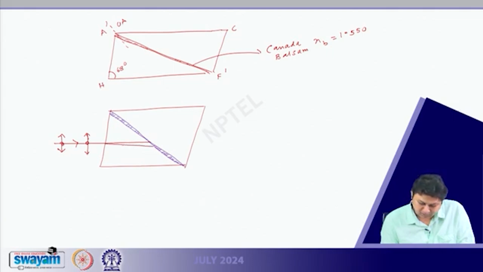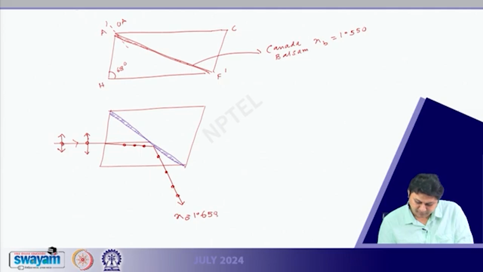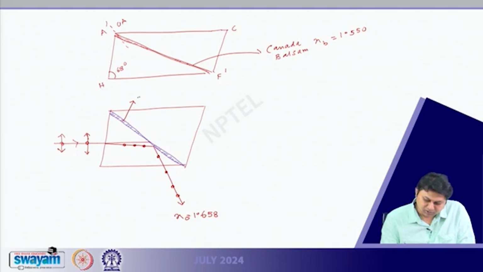So, one ray which is perpendicular to the optic axis, which is the ordinary ray, will get reflected from this interface, and the reason is the refractive index of the ordinary ray is around 1.658, and now it is launched from a high refractive index, and the refractive index of the glue, N_B Canada balsam, is 1.550.